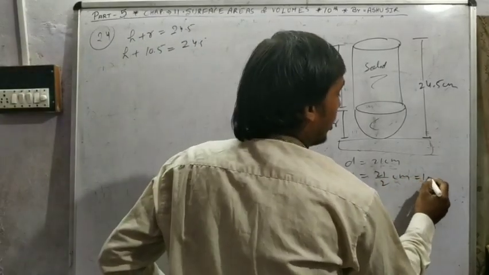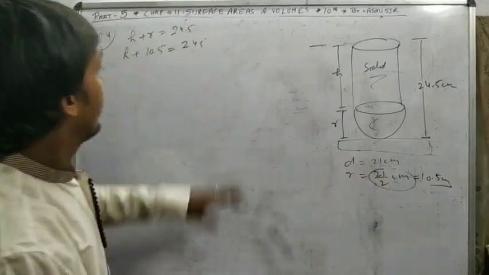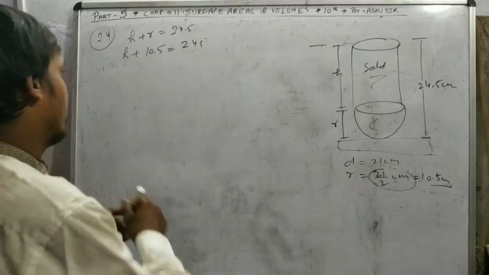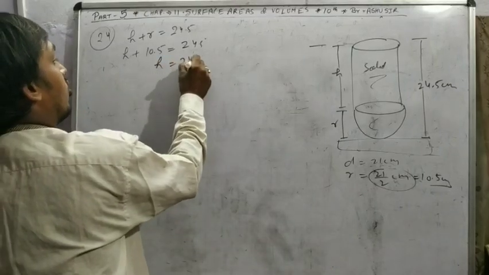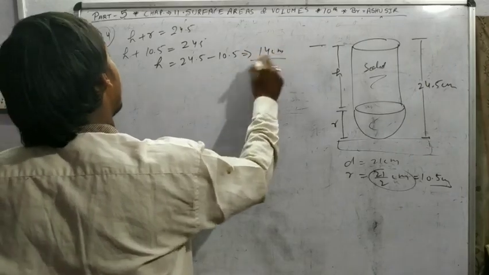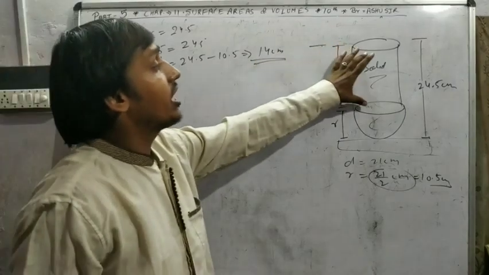You can say 10.5 centimeter, but we take the fraction value; for decimal form we can also take this value. It is easy to solve. 24.5 minus 10.5, so we get 14 centimeter as the height of the cylindrical part.